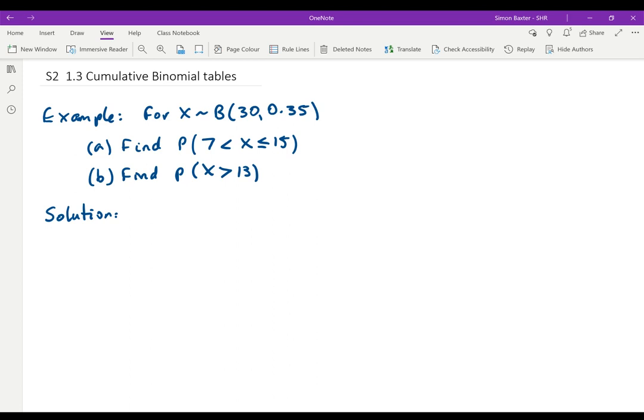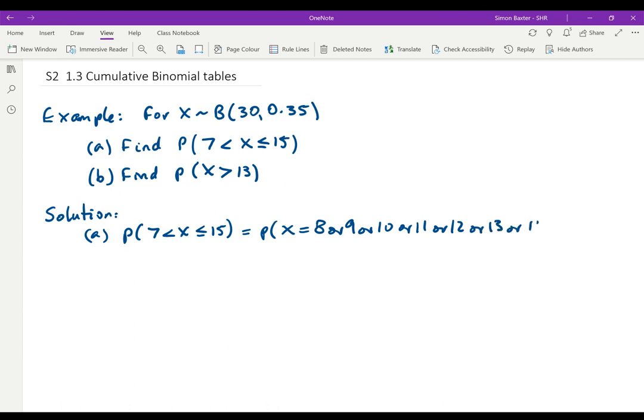To start with, in part A, we need the probability that 7 is less than X is less than or equal to 15, which is the probability that X is 8 or 9 or 10 or 11 or 12 or 13 or 14 or 15.